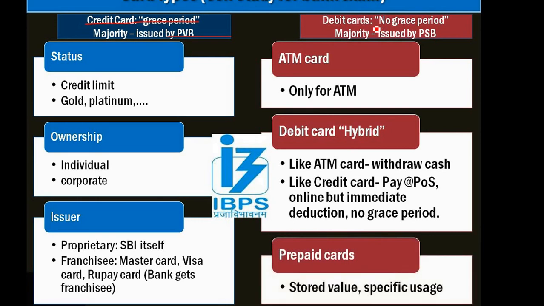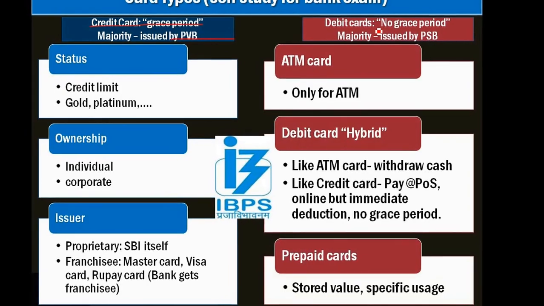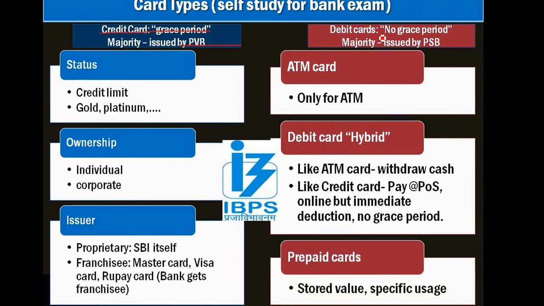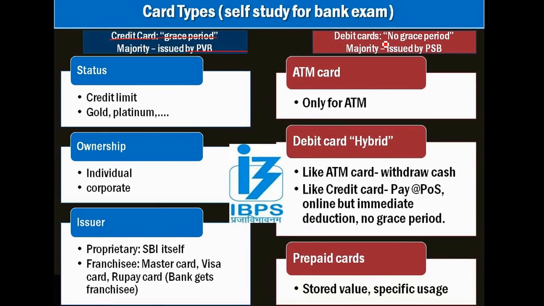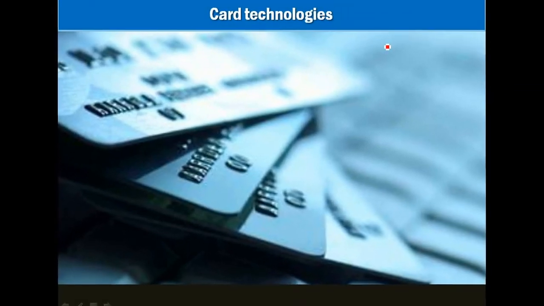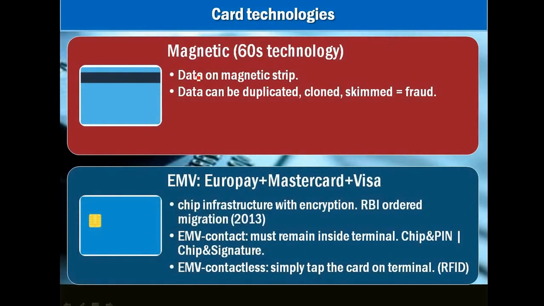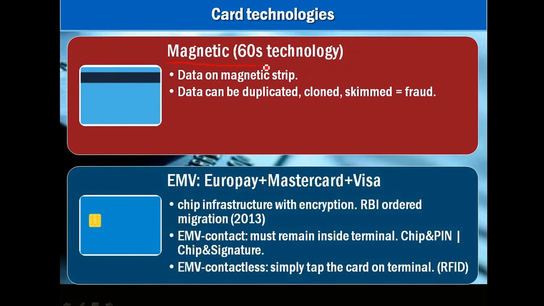So we have now understood what the card types are. The card types may be classified based on their status, that is their card limit, as gold, platinum, or silver, and based on ownership, they are individual or corporate.